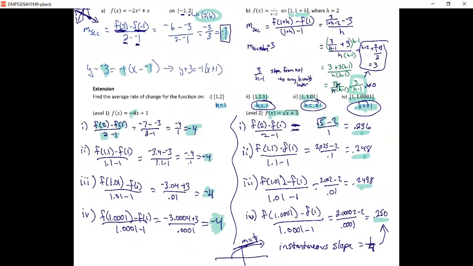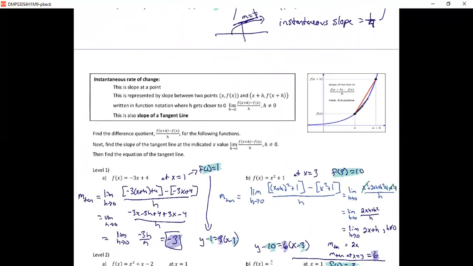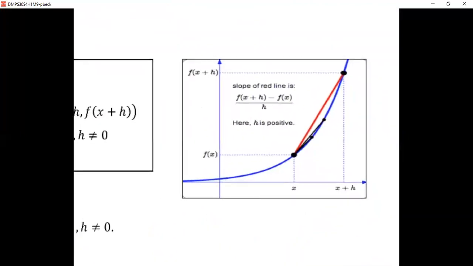So this expression that I have right here is powerful because it gives us the average slope for any h, and it helps us approximate the instantaneous slope if h was 0. We know it's not allowed to be, but if h is 0, we can plug in 0 to that new expression. And that's what this goes through. This goes through that process of what happens when our secant line goes between these 2 points, and then between these 2 points, eventually the secant line is going to become the tangent line.